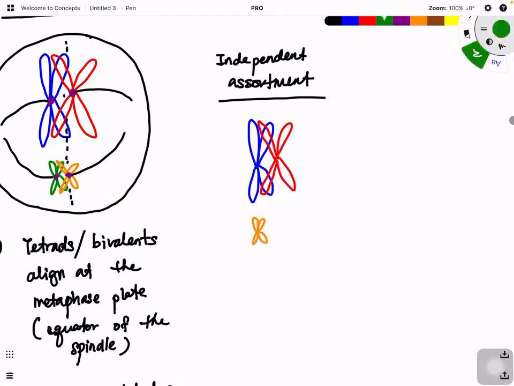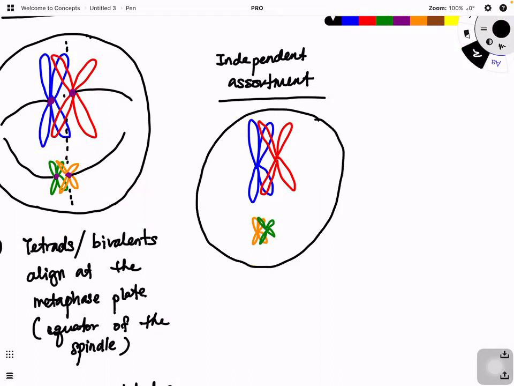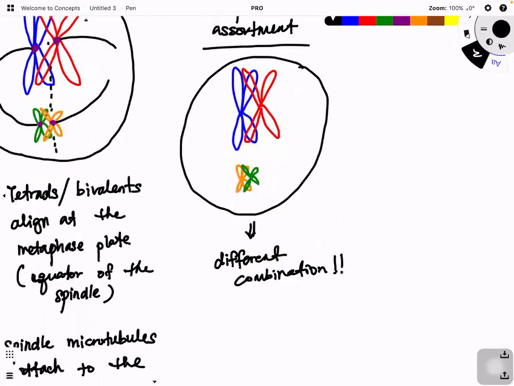Because they are random. In this case, the arrangements are random, so it means that you're going to get different combinations. Can you see that? This one will give us a different combination, and this will give us what we call the genetic variations.